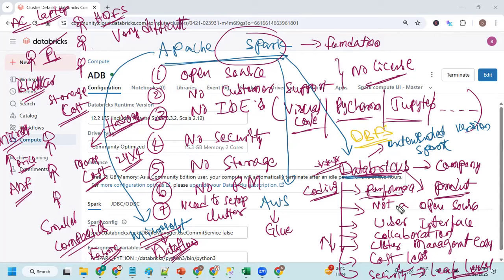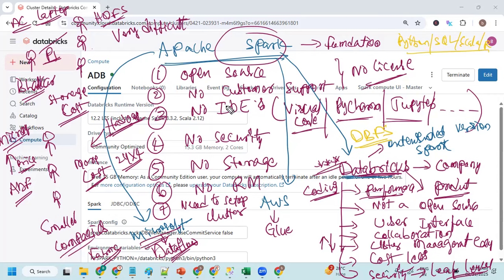And one more beautiful thing is, within the same place, within a single notebook, you can write a variety of languages. You can write Python in Databricks, you can write SQL, you can write Scala, and you can write R. All the languages you can write within the single notebook.